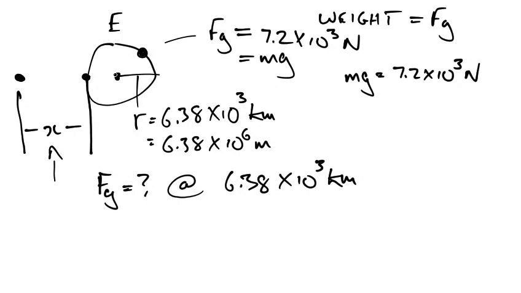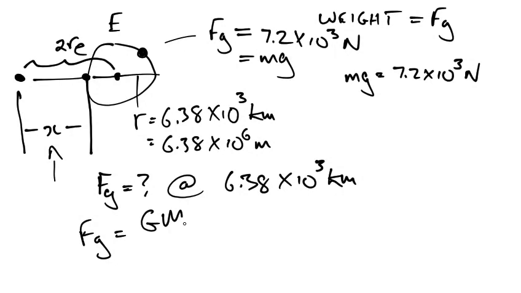I know this drawing isn't to scale, but this entire distance would be 2 Earth radii, because here is 1, and here's another one. So the force of gravity is going to equal GMm over r squared, where r is equal to 2 Re.